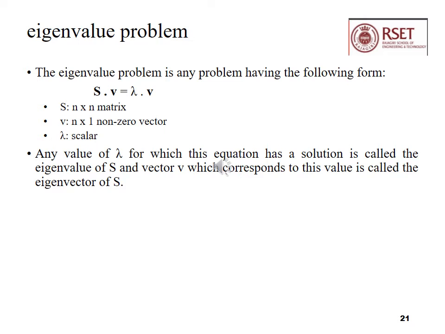Any value of lambda for which this equation has a solution is called an eigenvalue of S, and the vector V which corresponds to this value is called an eigenvector of S. So any problem you can formulate in the form S dot V equals lambda V has these eigenvectors and eigenvalues. Eigenvalues and eigenvectors are very important when you are doing a problem in PCA.